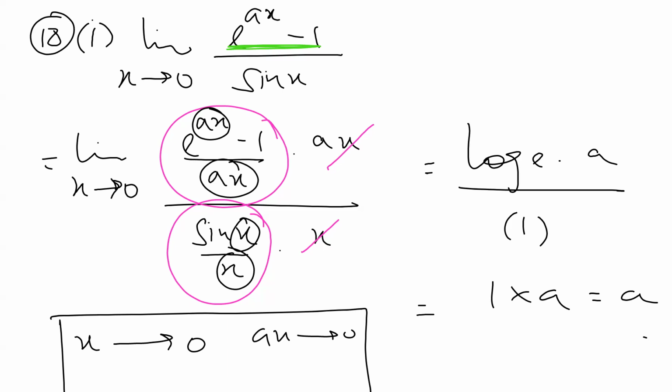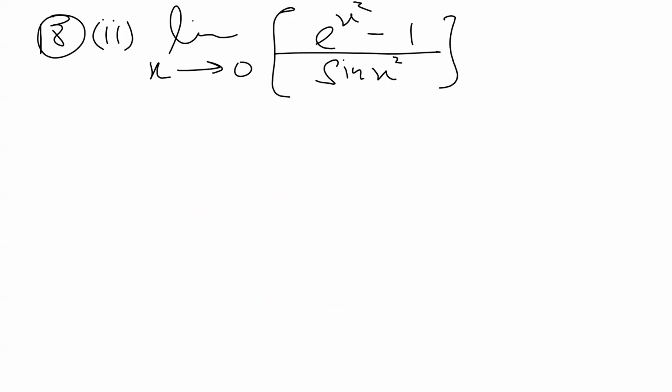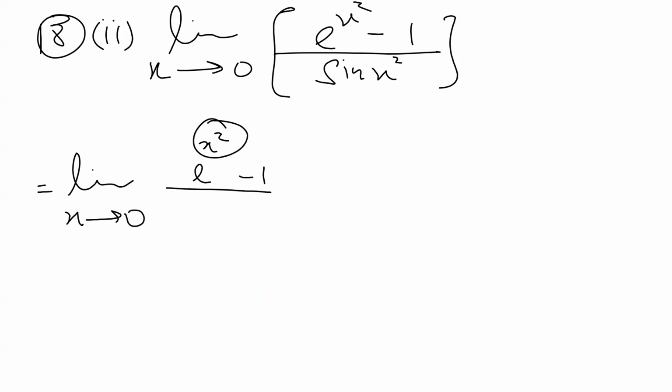Please try question number 18 sub question 2. I'll just wait for you. Now, could you write the question on the screen? You don't have the worksheet. Question number 18 sub question 2. X approaching 0, (e^x - 1) upon sin x square. Numerator, there is x square over here.